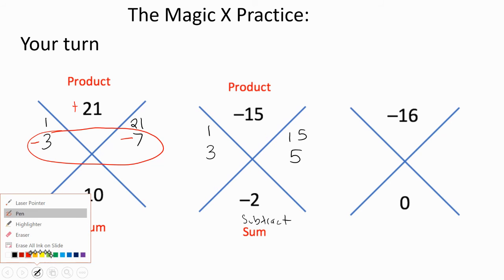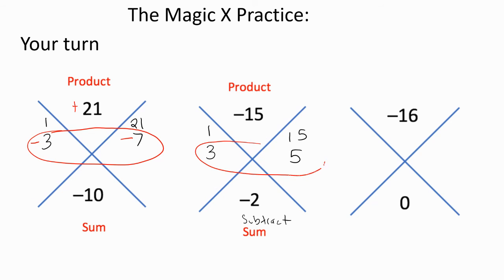Well, I know it's going to be 3 and 5, because 1 and 15 do not have a difference of 2. Now here's where you have to be careful. One of these has to be negative because they have to multiply to a negative, but when you subtract them, it becomes a negative 2. So you're going to make the right one a negative 5 and the left one a positive 3, because 3 minus 5 is negative 2.